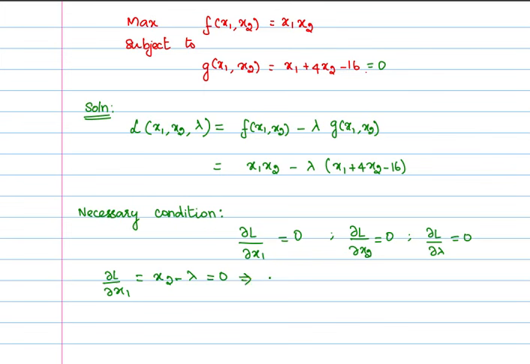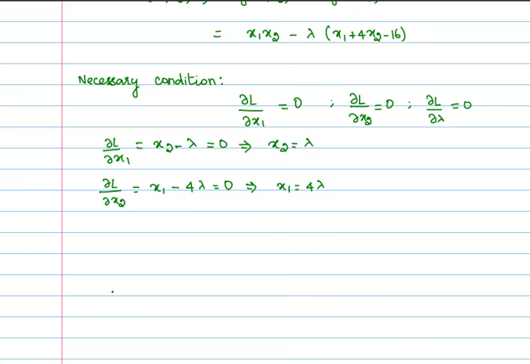This implies x2 equal to lambda. Second, dou L by dou x2 equal to 0. So we write x1 minus 4 times lambda equal to 0. This implies x1 equal to 4 times lambda.